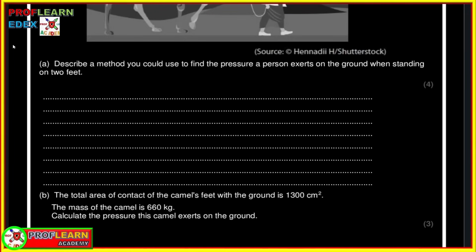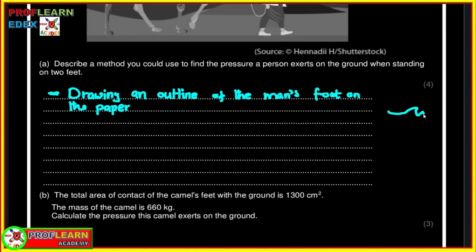So I try to highlight a few steps, because the foot is quite irregular in shape. We are going to draw the outline of the foot of this man on a piece of paper, so that we can count the number of squares. We'll count the number of squares that outline consumes, and then we work out the area of 1 square times the number of squares.